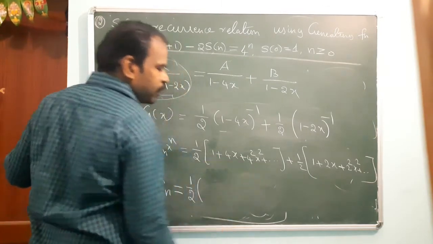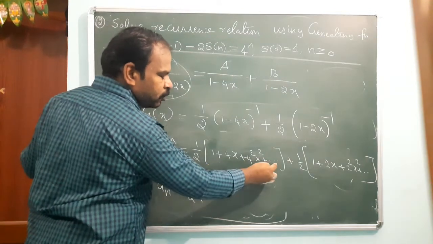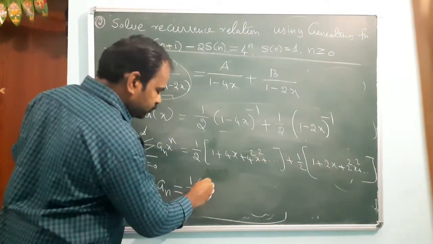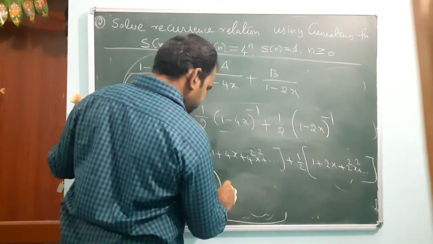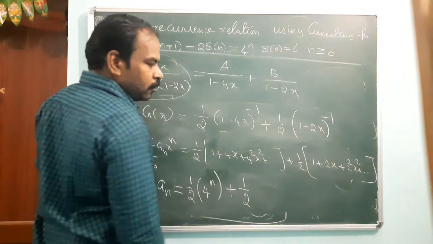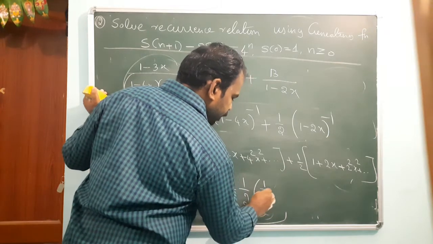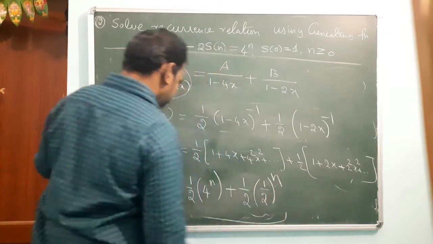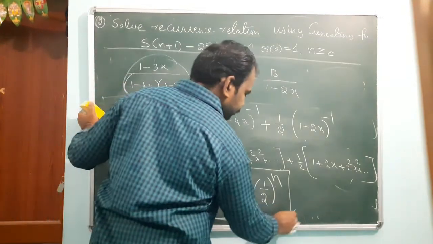The coefficient of x power n is 4 power n, since x means 4 and x square means 4 square. Plus 1 by 2, where the coefficient of x power n is 2 power n. So this is our required answer.